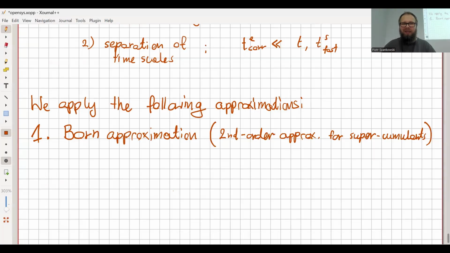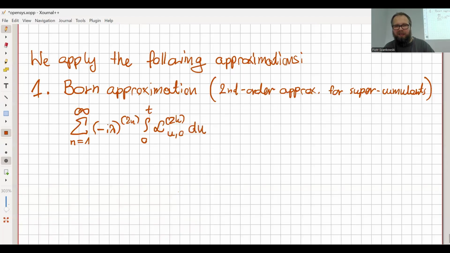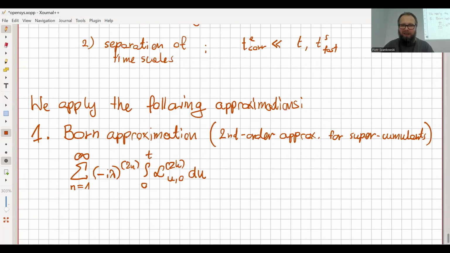So in our case, this amounts to the following: we have the sum from 1 to infinity of integrals of supercumulants for this Hamiltonian, and we approximate it.